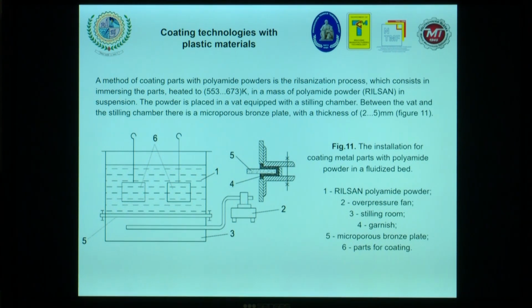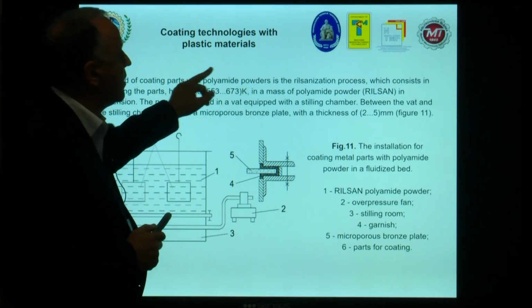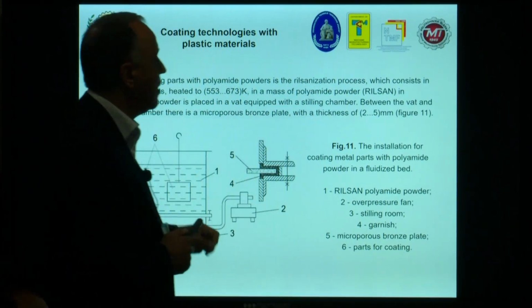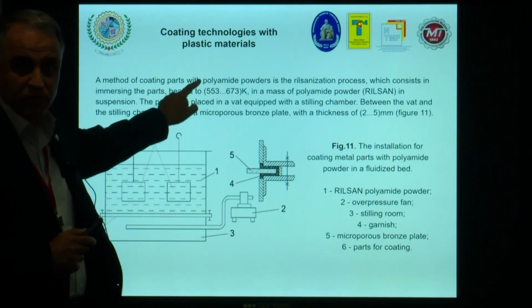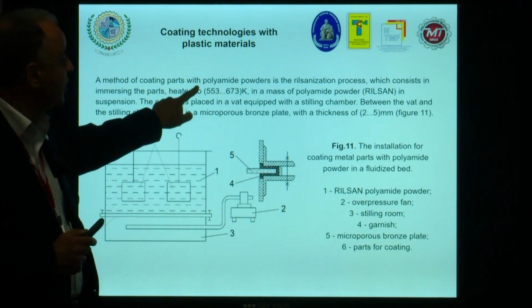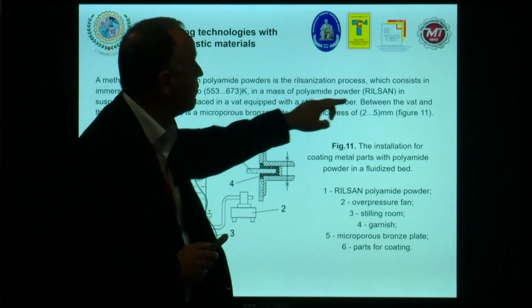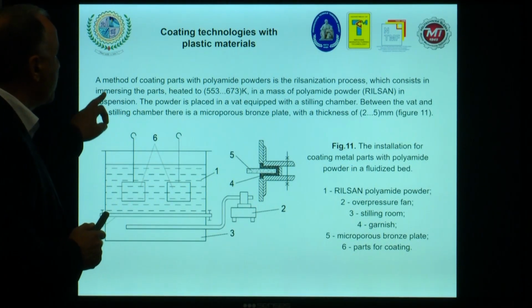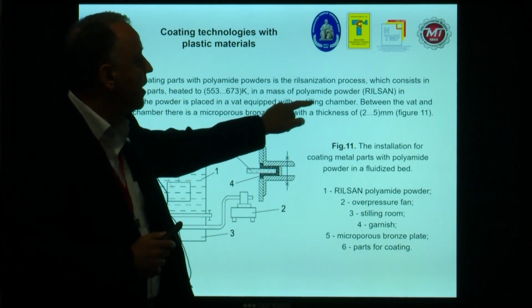In this case, a method of coating the part that you can see over here, we use polyamide powders, and the process is called the rilsanization process, which consists in immersing the part, heated before to a temperature range of 553 up to 673 Kelvin, in a mass of polyamide powder we call rilsan. In the suspension, the powder is placed in a vat equipped with a stirring chamber.